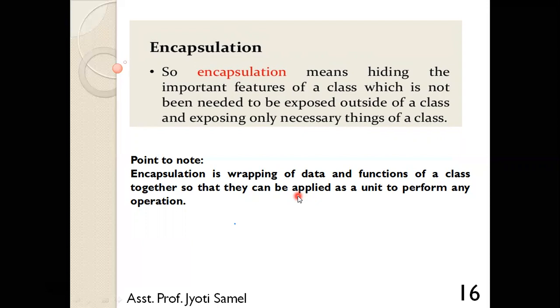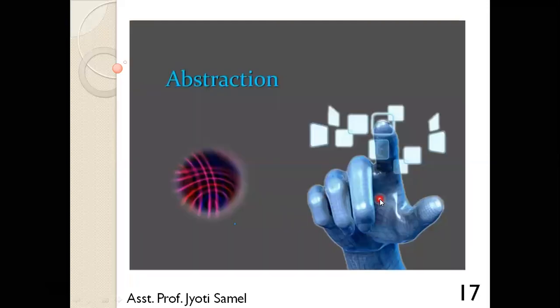That wrapper does the very important job of protecting the inner ingredient from the outside natural humidity, moisture, etc. So encapsulation is wrapping the data and functions of a class together so that they can be applied as a unit to perform any operation.